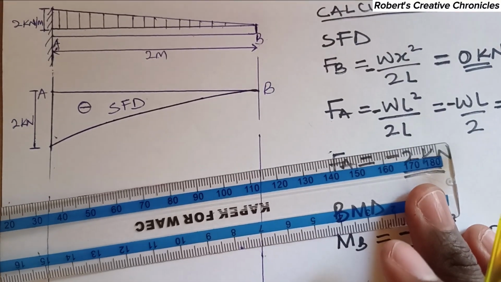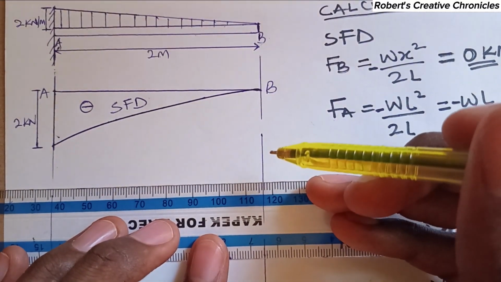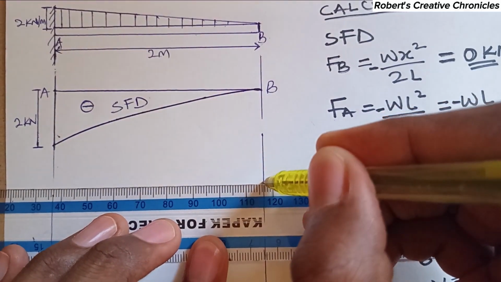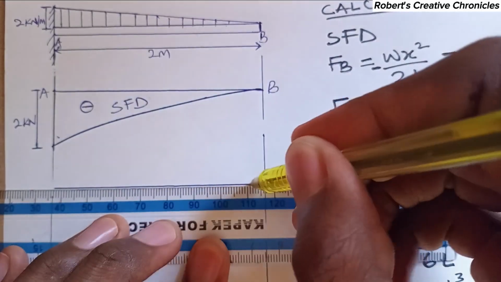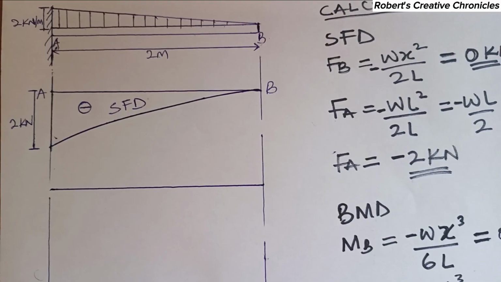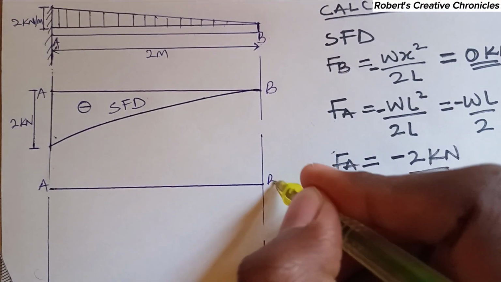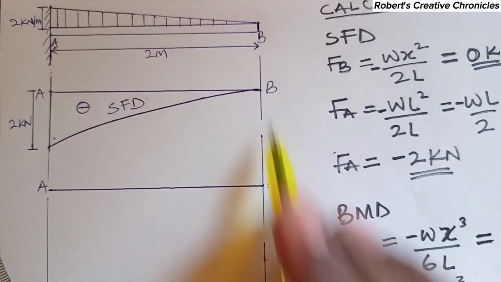And then finally, we will draw the bending moment diagram. So the bending moment diagram, in the same way, we'll draw a baseline. So this represents A, this represents B. This is the fixed end, this is the free end.